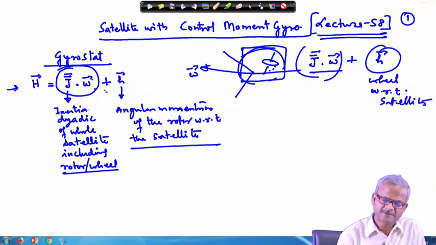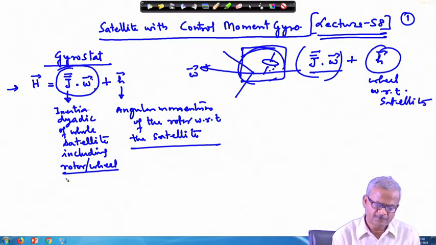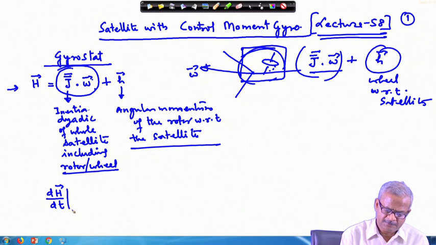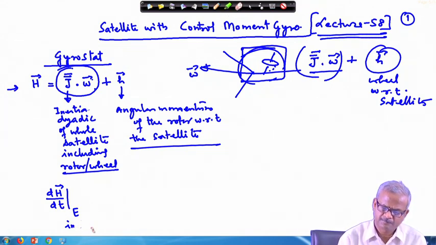So, the same equation is written here, and therefore, if I take the derivative dH by dt with respect to the E frame, this is your inertial frame, okay.